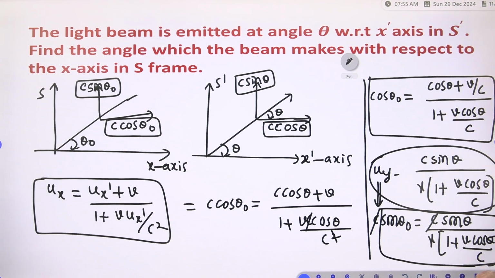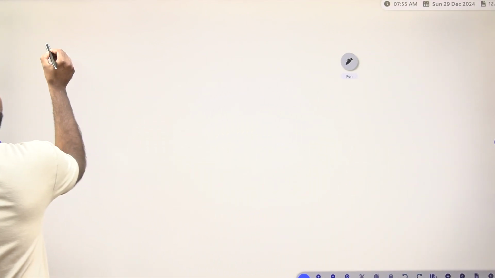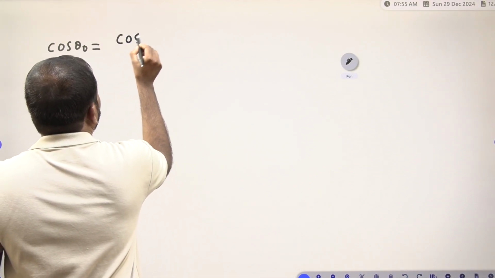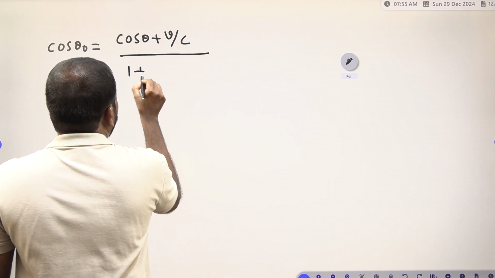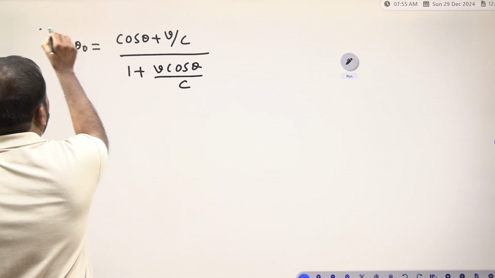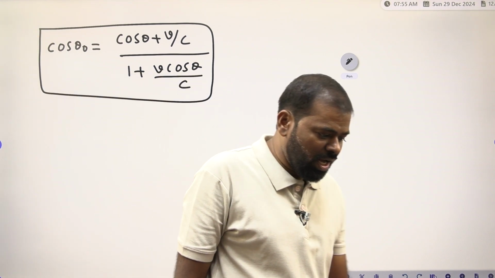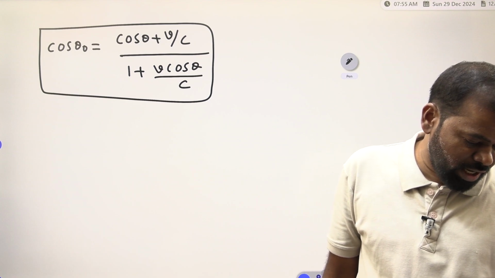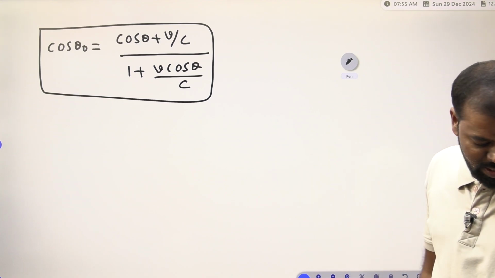But you know the things, once you see here, cos theta naught is equal to cos theta plus v by c divided by 1 plus v cos theta divided by c. This is the cos theta naught value. So, cos theta naught is equal to cos theta plus v by c, 1 plus v by c into cos theta.